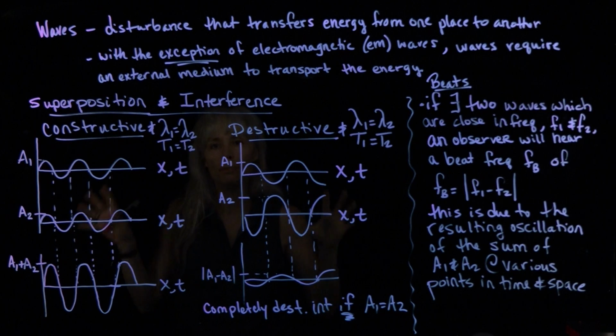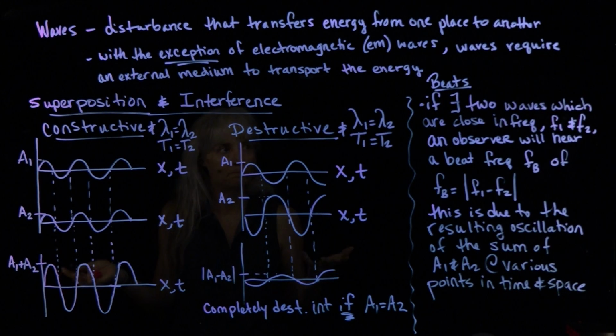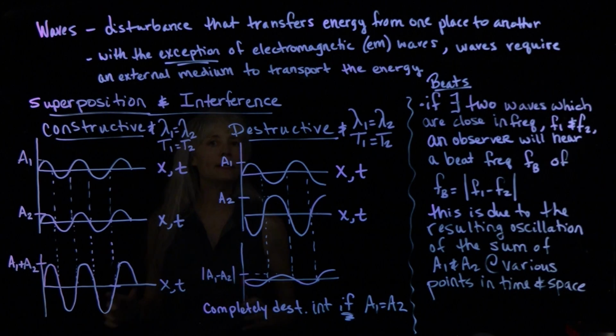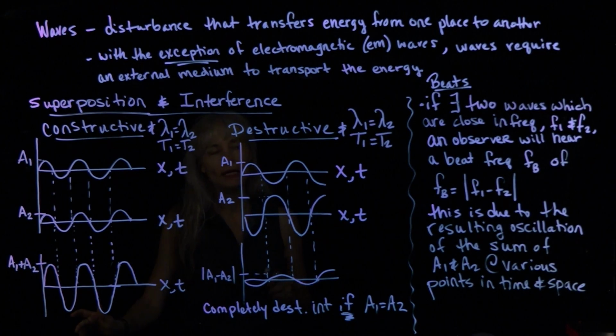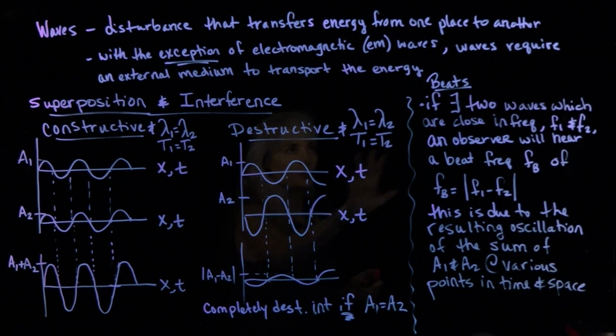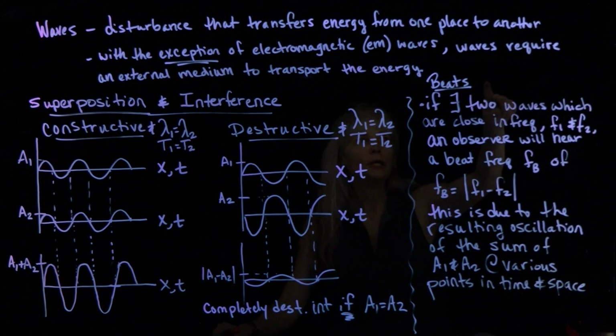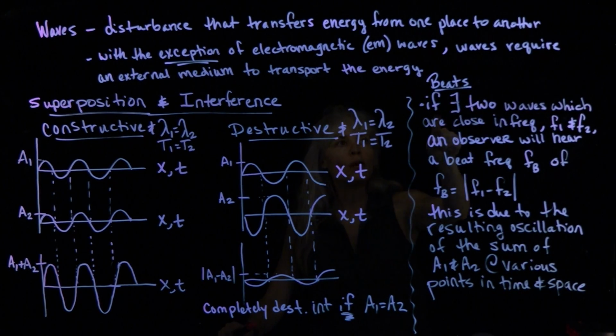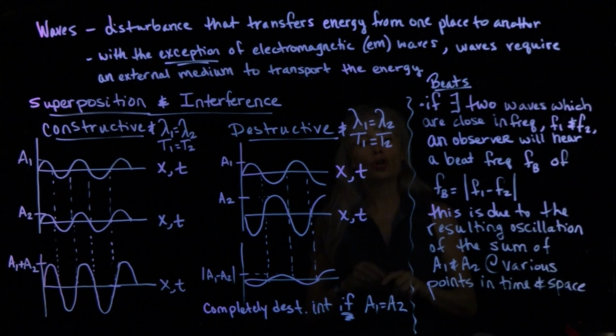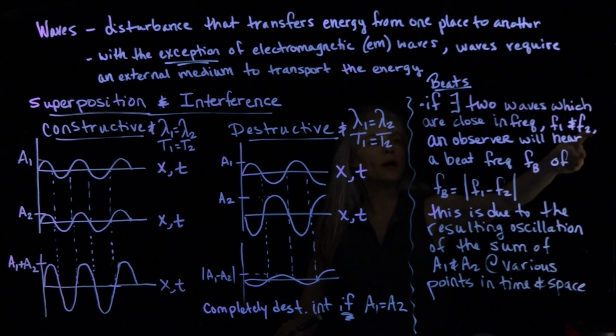So this is interference, or the superposition, meaning you're placing two waves in the same space at the same time. That's superimposing, superposition. The last thing I'd like to touch on in this video is what's called beat frequency. So that's over here on this side of the board. Beats. So if there exist, remember this backward E means there exist, two waves which are close in frequency, these are not the same frequencies, but they're close in frequency, F1 and F2.